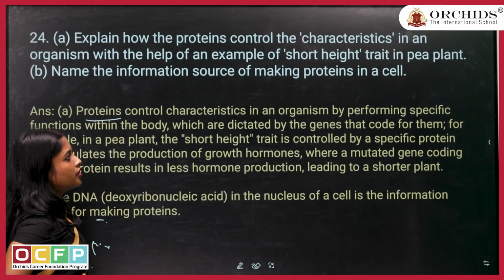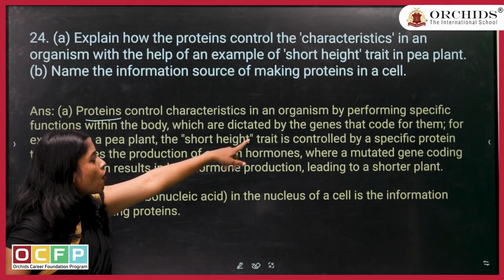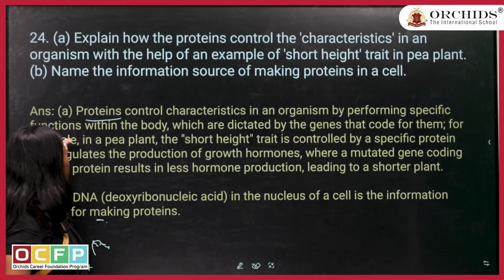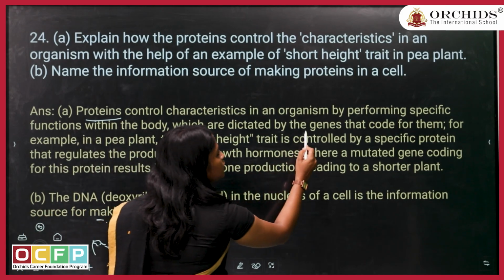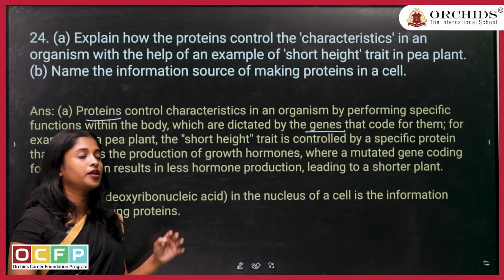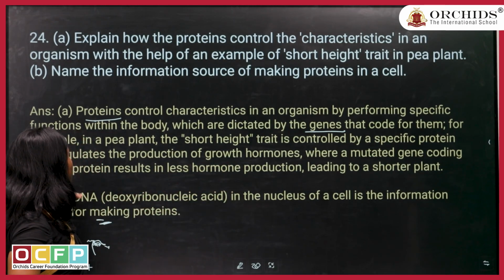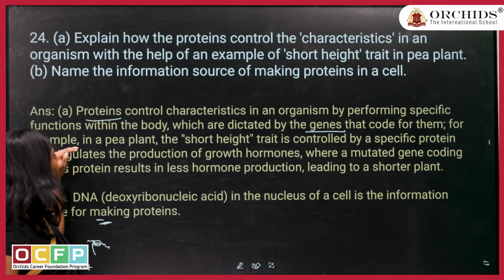The proteins control the characteristics in organisms, we all know that. Organisms perform specific functions within the body which are dictated by the genes. Each gene has its own code for each particular character. For example, since they have asked about a pea plant, we have to take an example.